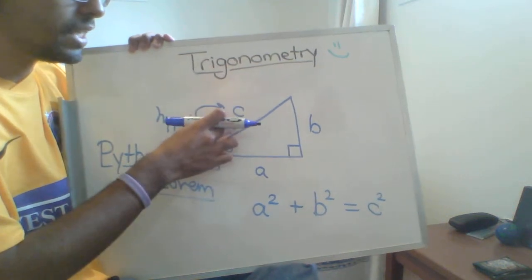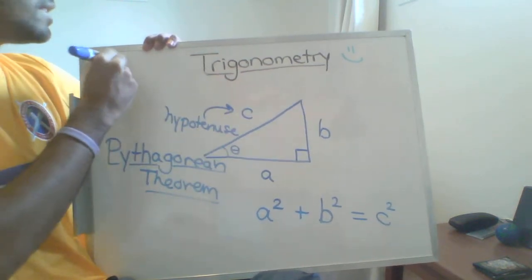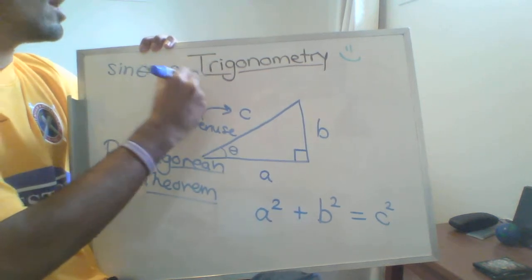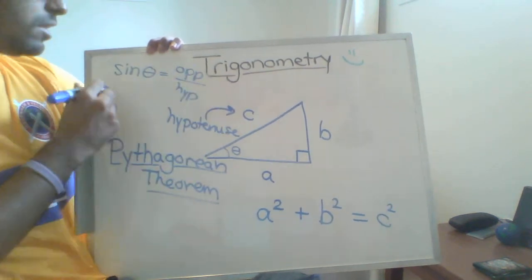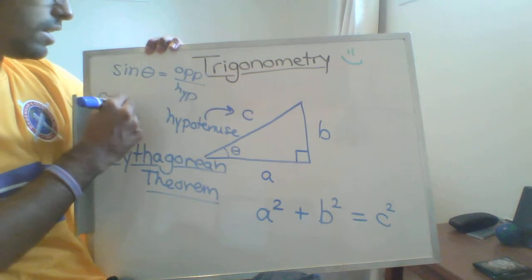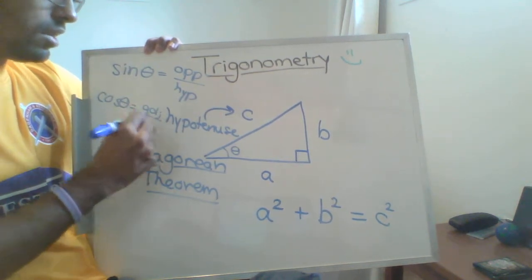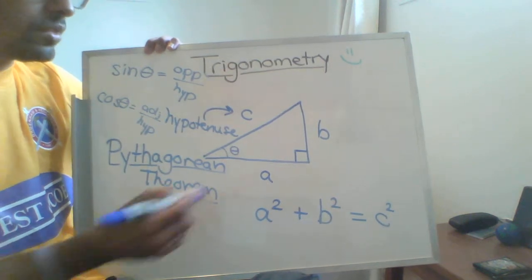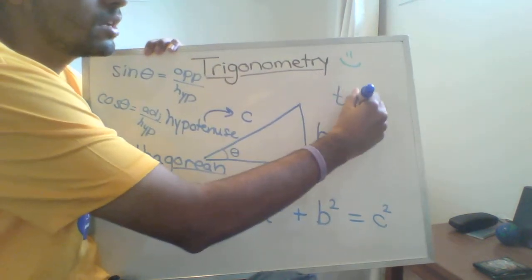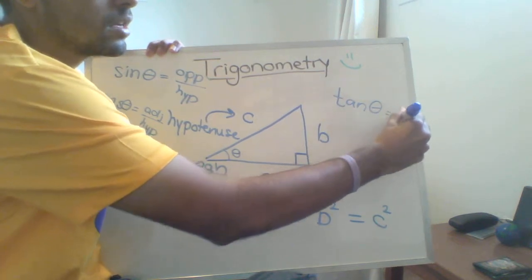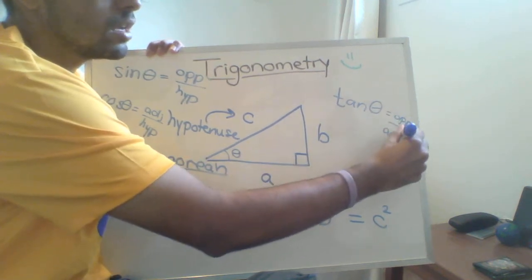So C is the hypotenuse, right? We know sine theta requires the hypotenuse, so that doesn't help us. Cosine theta requires the hypotenuse, so that doesn't help us. The only function we could use is tan theta, which is opposite over adjacent.